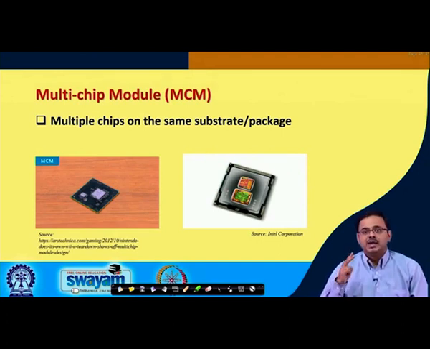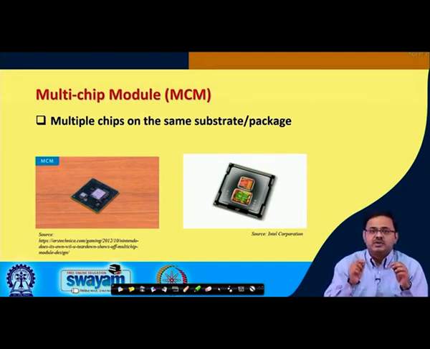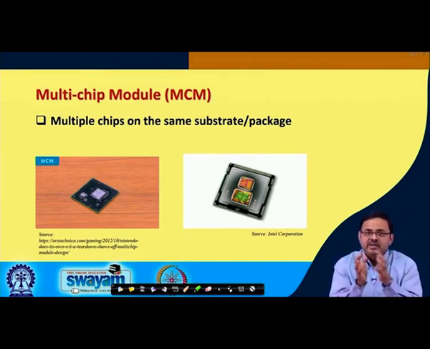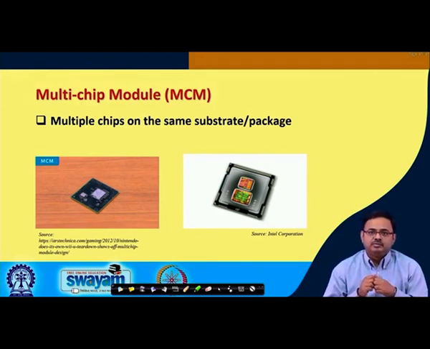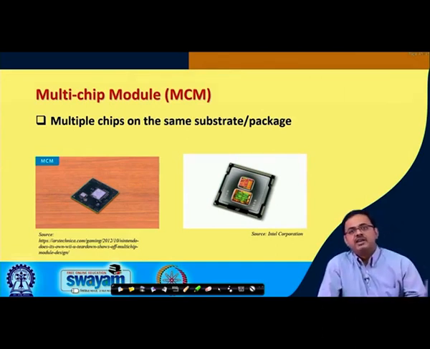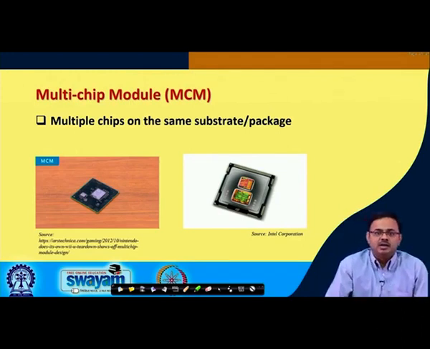Number 1, additional levels of interconnections, which is between the motherboard and the substrate. And number 2, the electrical paths have become significantly shorter because they are on the same substrate. So, that is MCM, and various configurations of MCM across a range of products are commercially available in the products today.